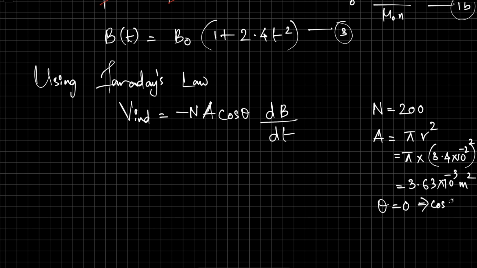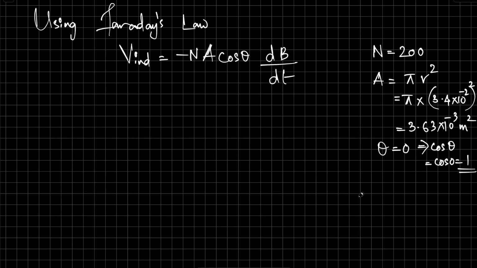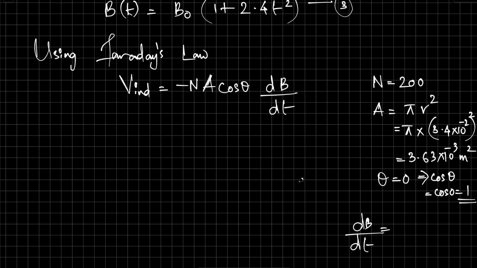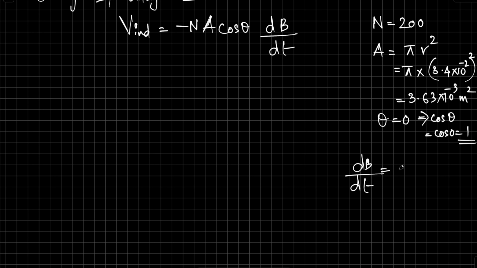Cos theta is equal to cos 0, which is equal to 1. Now dB by dt. B of t is B0 times (1 plus 2.4 t square). I'm substituting here: d by dt of B0 times (1 plus 2.4 t square).